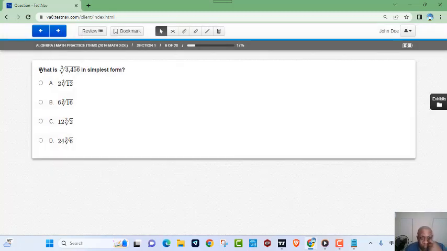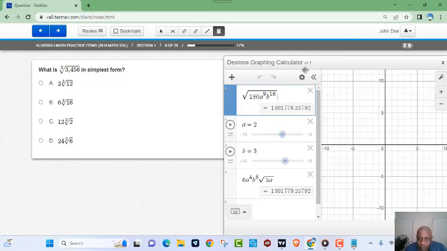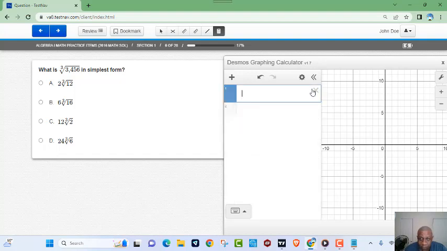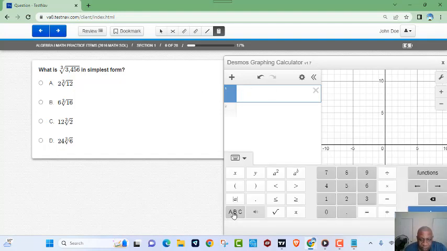Okay, what is the cubed root of 3,456 in simplest form? Again, let us use Desmos here. We'll erase this previous information. So we want the cubed root of 3,456.